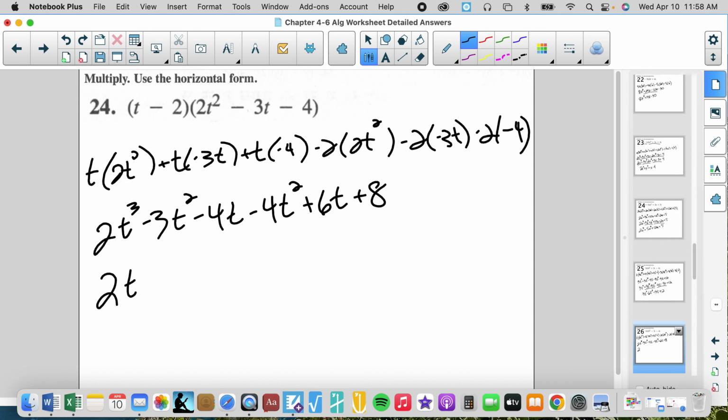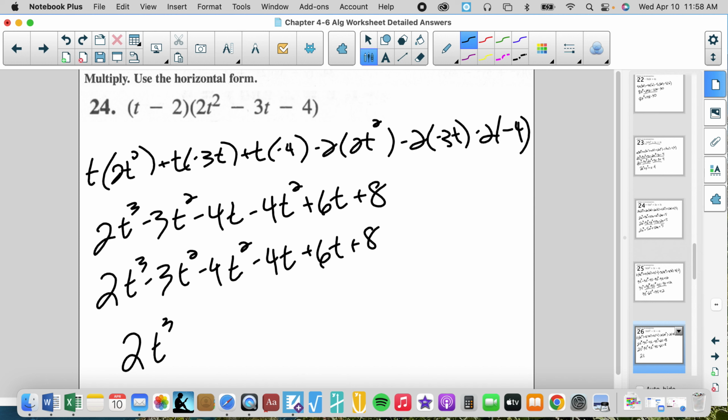Put them in order. Minus 3t squared minus 4t squared minus 4t plus 6t plus 8. 2t to the third. That's going to give us negative t squared. That's going to give us plus 2t plus 8.